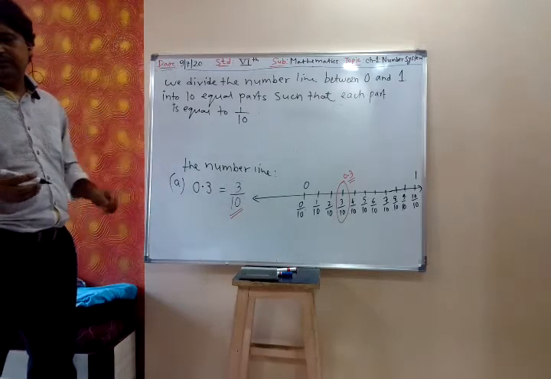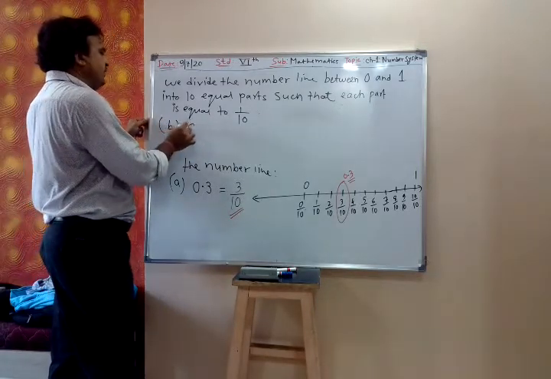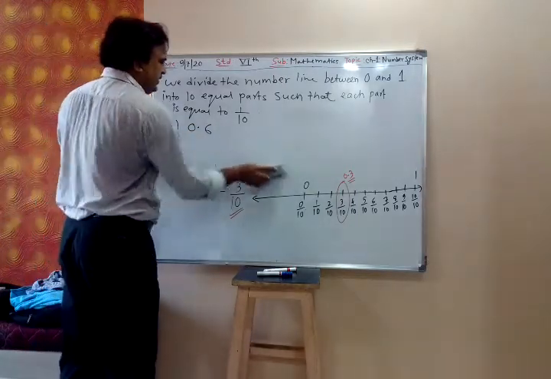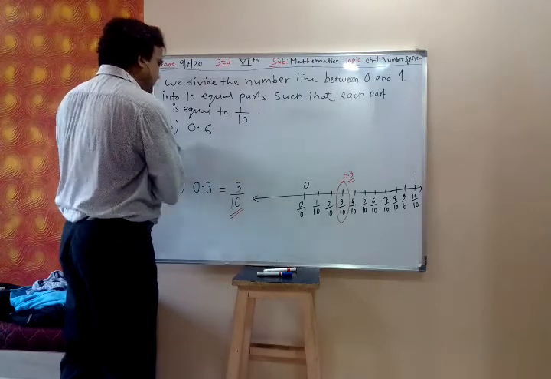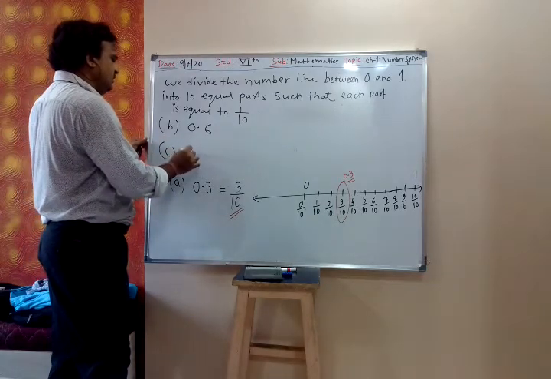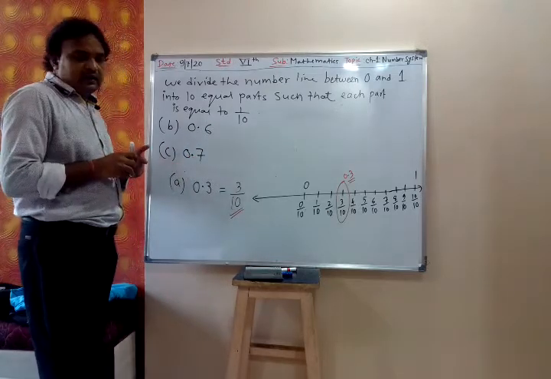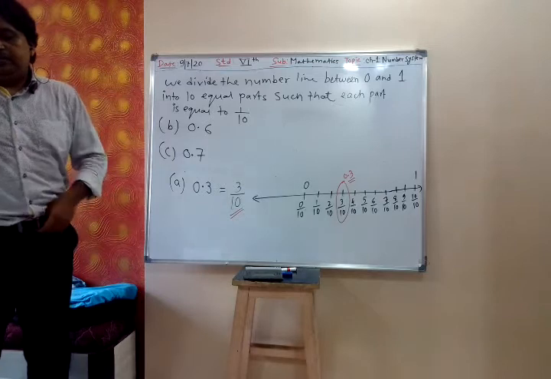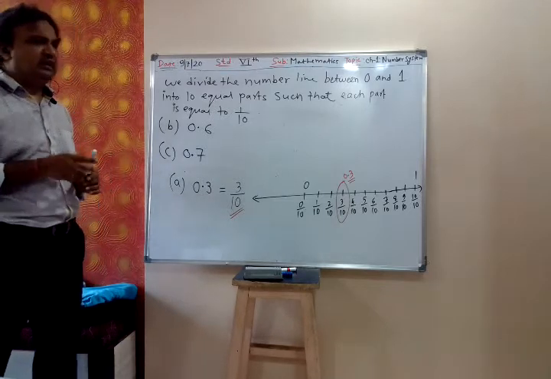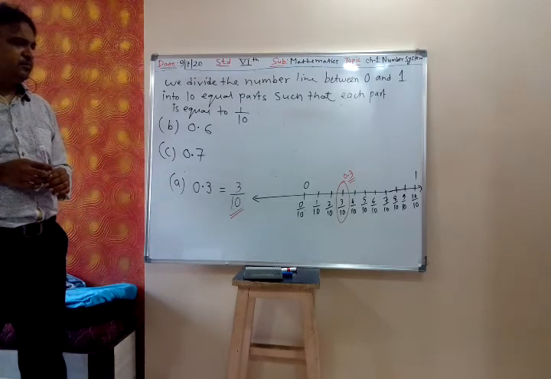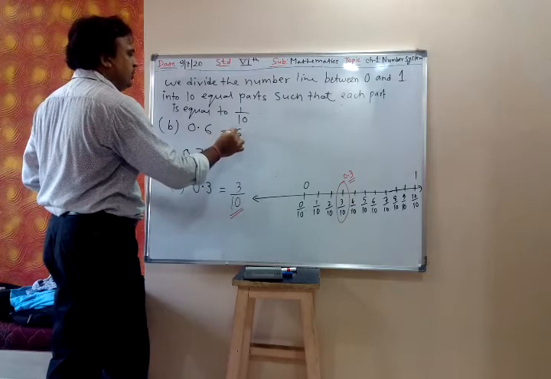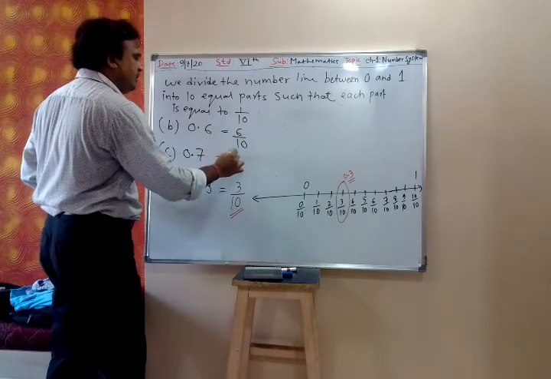B is 0.6, C is 0.7. 0.6 is 6 upon 10, then 0.7 is 7 upon 10.